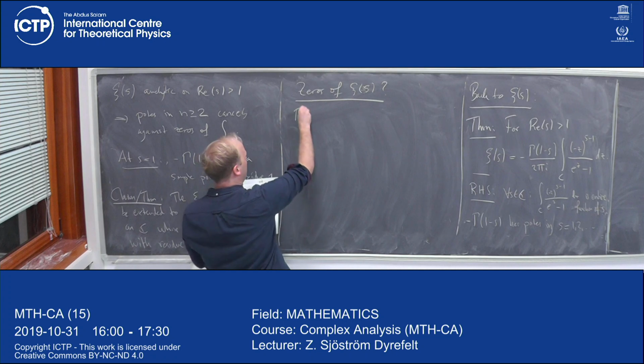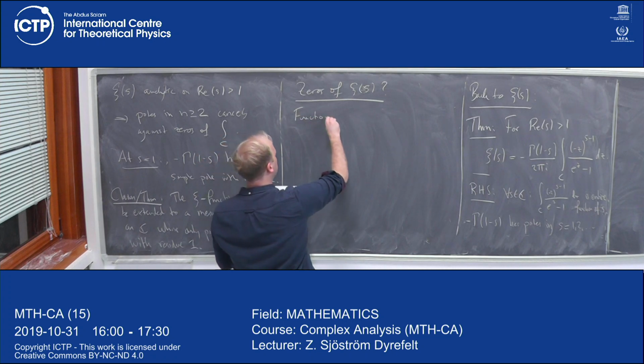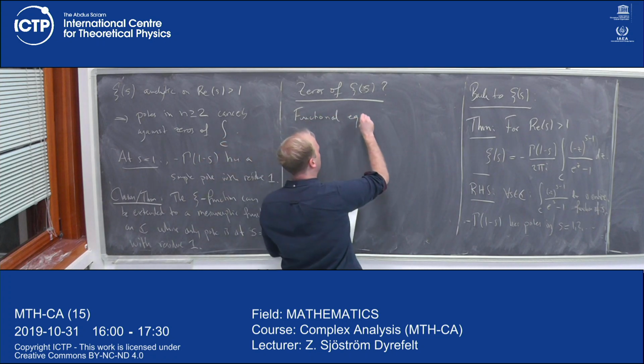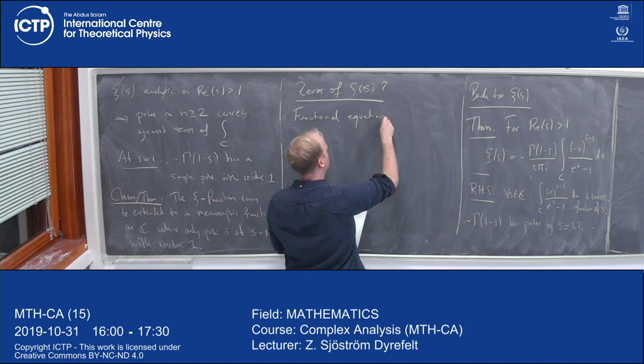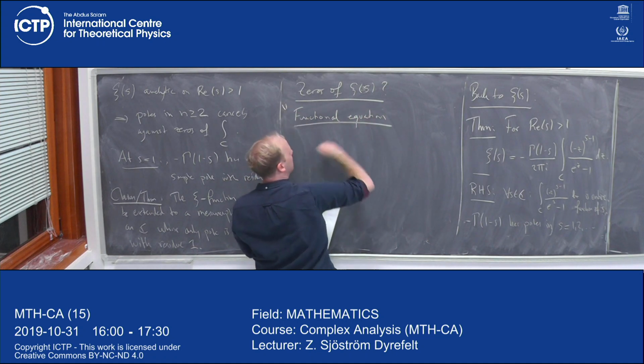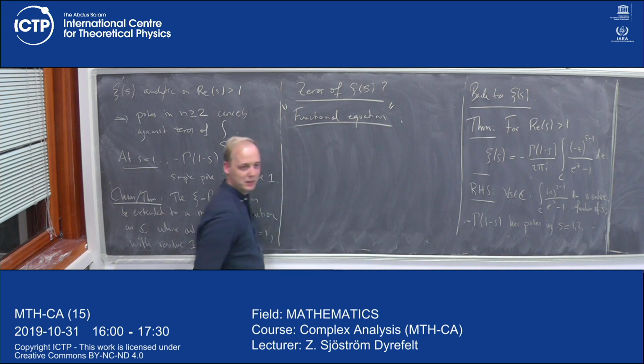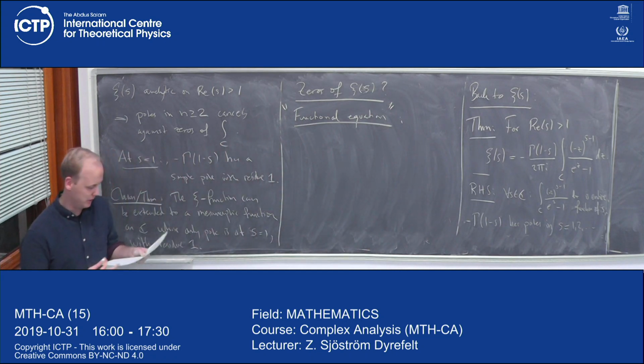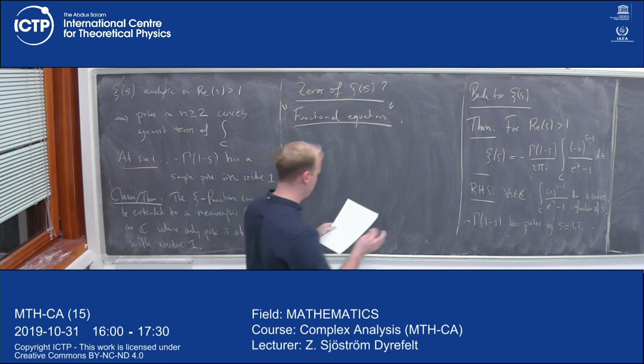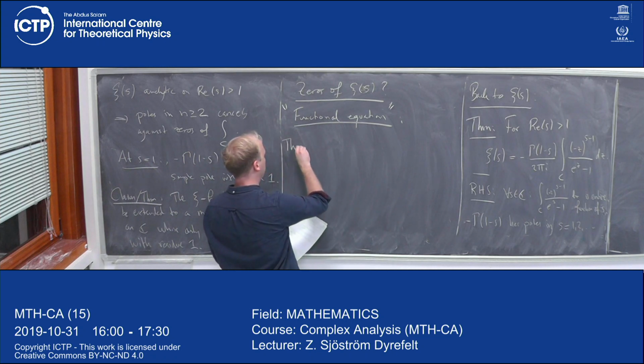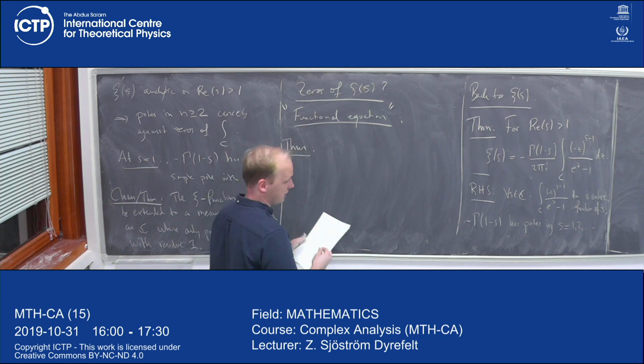So then we have the so-called functional equation. People have studied this for many years, trying to solve this extremely difficult problem. And someone came up with the following statement, which is, I mean, amazing.